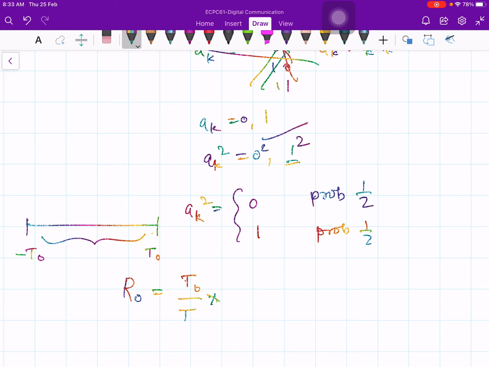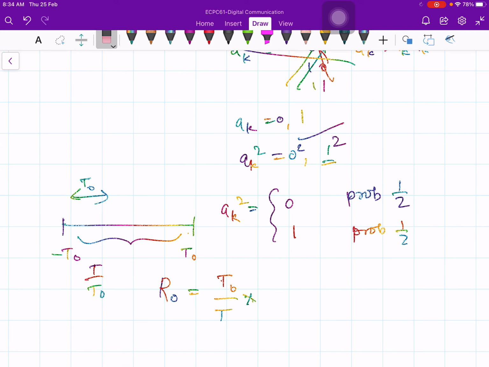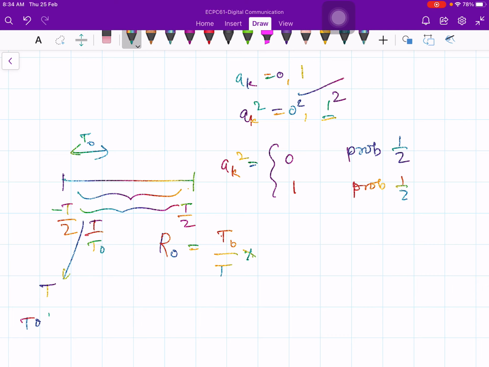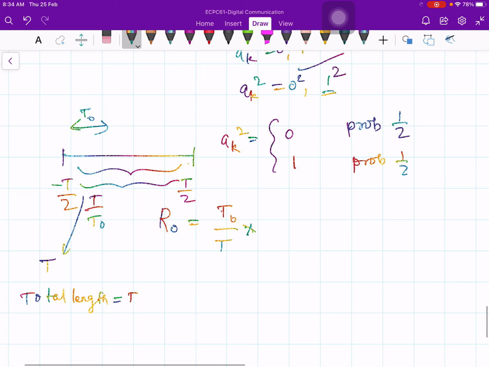We are considering the interval from minus T by 2 to plus T by 2, where T goes to infinity. In this interval, I have T by T0 pulses, because each pulse has the width of T0. So this total length is equal to capital T.